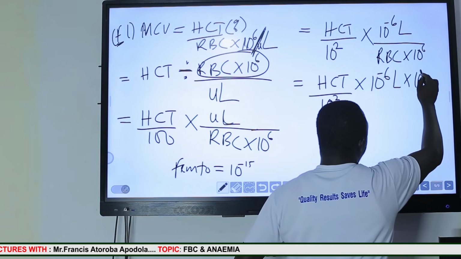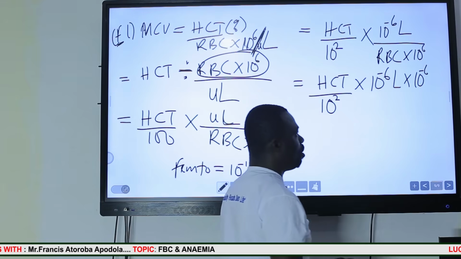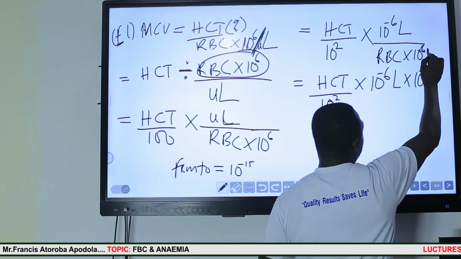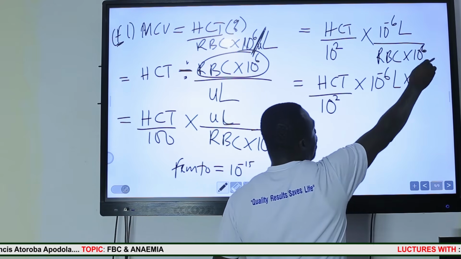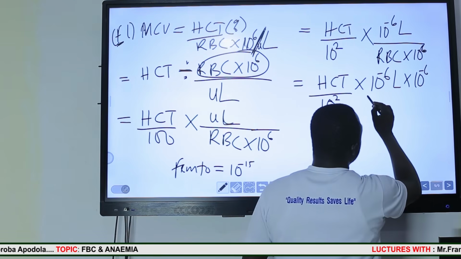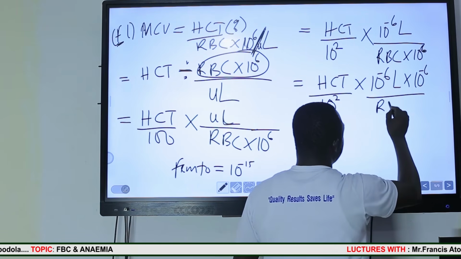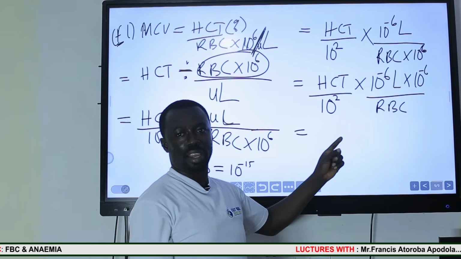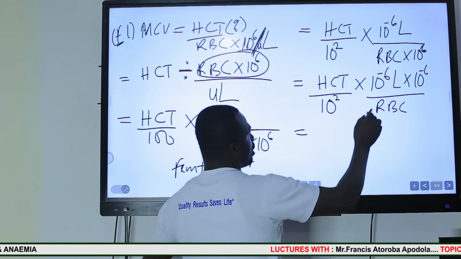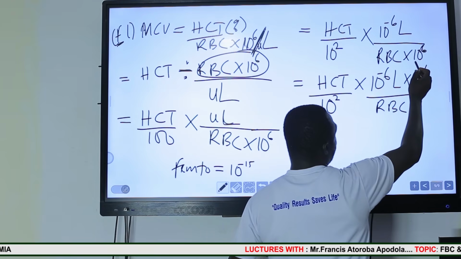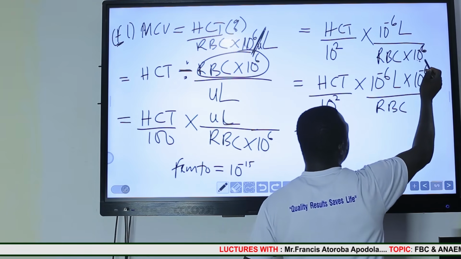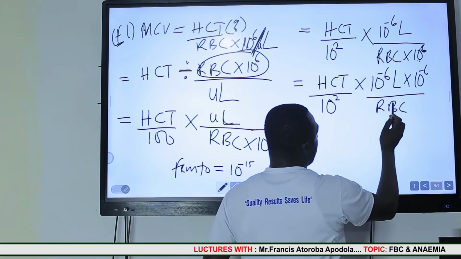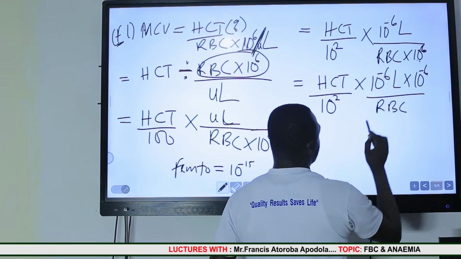Times 10 to the power minus 6. You know where the minus 6 is coming from? This one. When it goes up, it becomes 10 to the power minus 6, divided by RBC count. Are we here? Okay, so by the laws of indices, I'm carrying 10 to the power 6 up here, then it becomes 10 to the power minus 6.